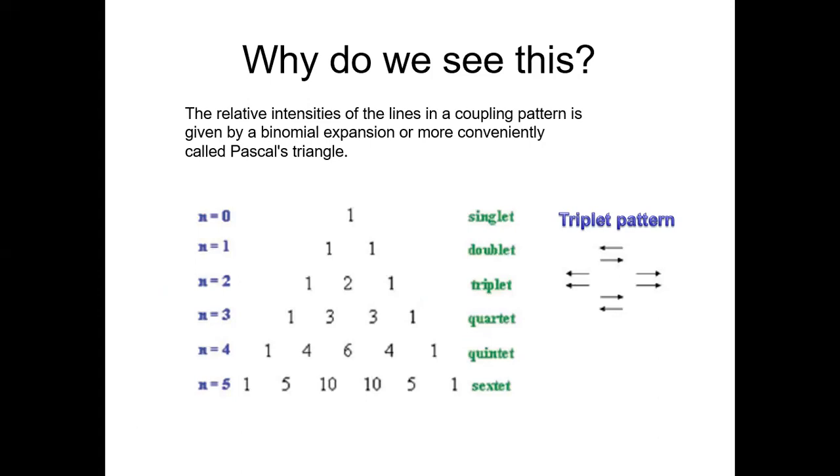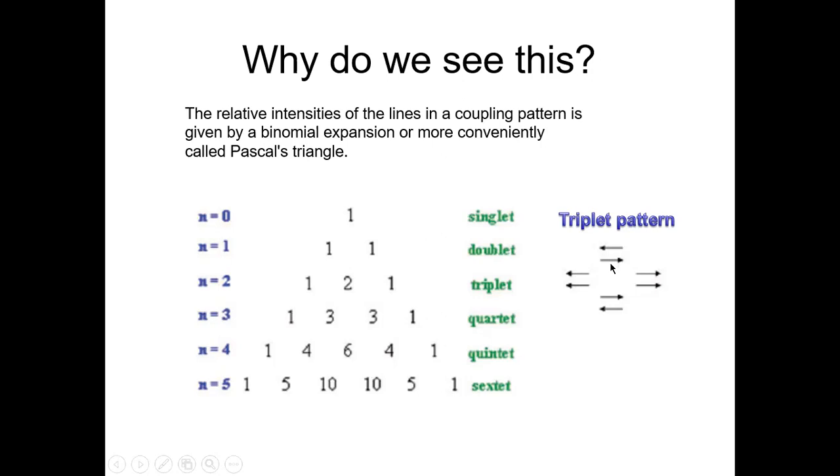This is Pascal's triangle. If we have neighboring protons, the set that you're looking at for the signal is experiencing the magnetic field of the neighbors, right? So if it has 2 neighbors, it's going to experience that magnetic field in 3 different ways. The magnetic field will either be both against the field or both with the field. That's the 1 and 1, and then the 2 in the middle is taking those two magnetic fields and alternating them.